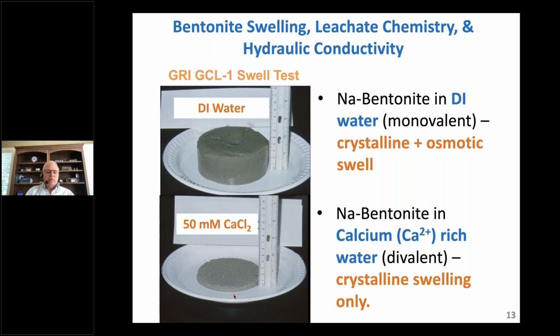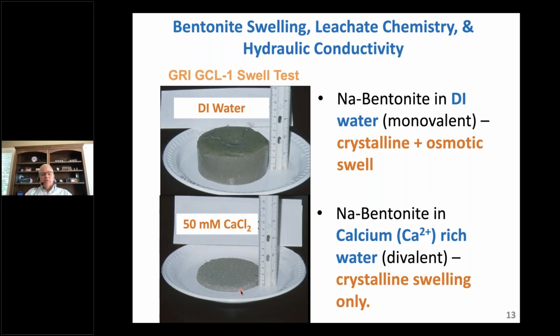If you look closely, you can see the original bentonite granules in that patty down below, and it's about a half centimeter thick, the same thickness it was in the Proctor mold before the water was poured in. Virtually no swelling at all. And that's because it's in a divalent solution with calcium, and the concentration has gone up.